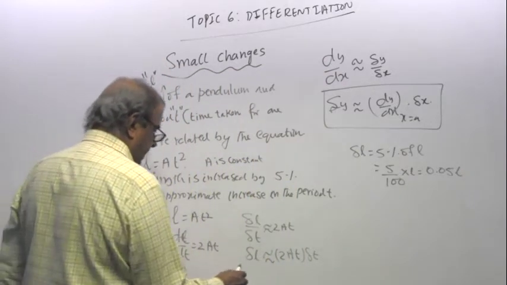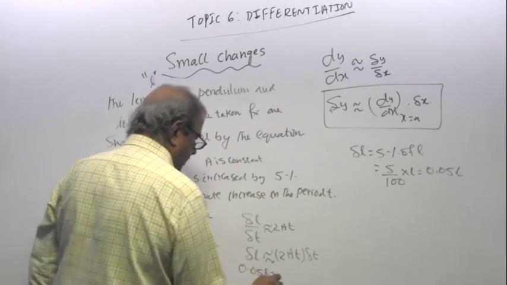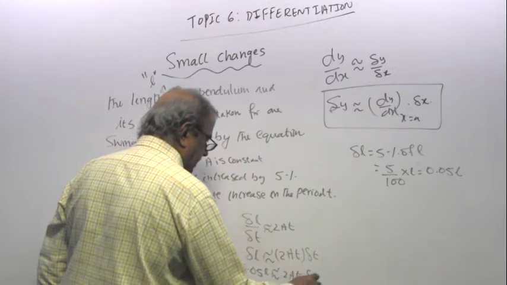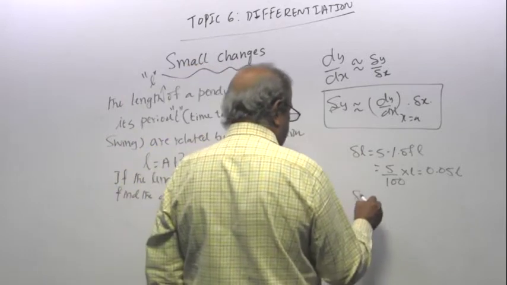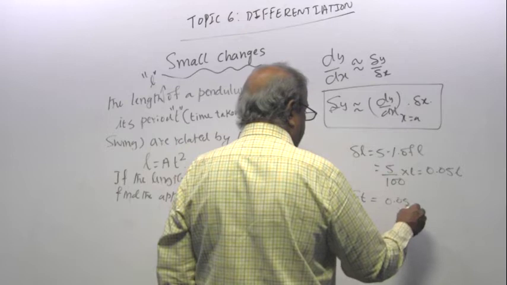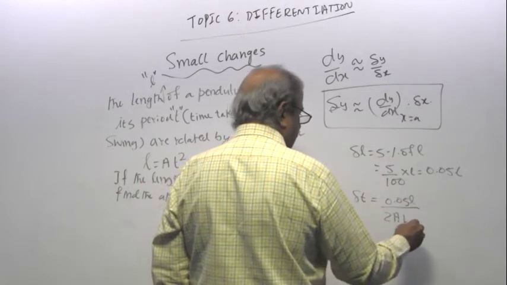So that I'll put there. 0.05 L is approximately equal to 2AT delta T. So what is the increase? So delta T is 0.05 L over 2AT.